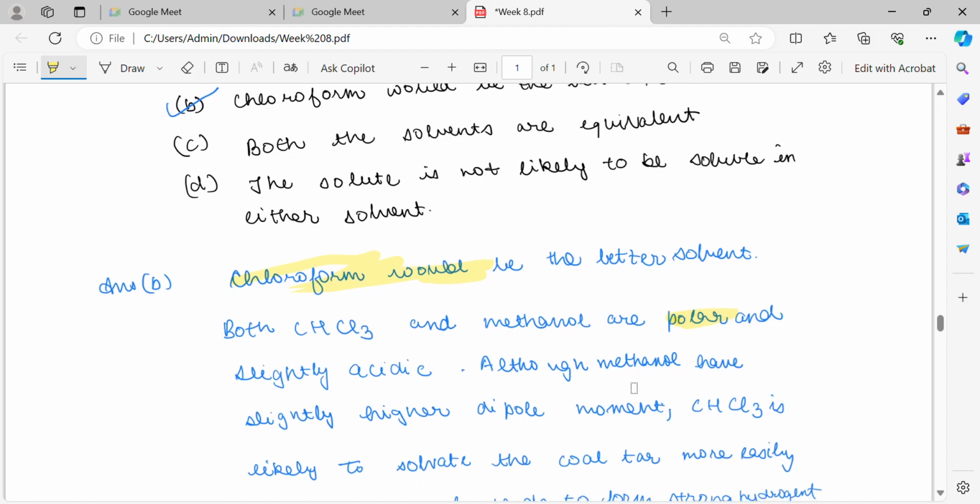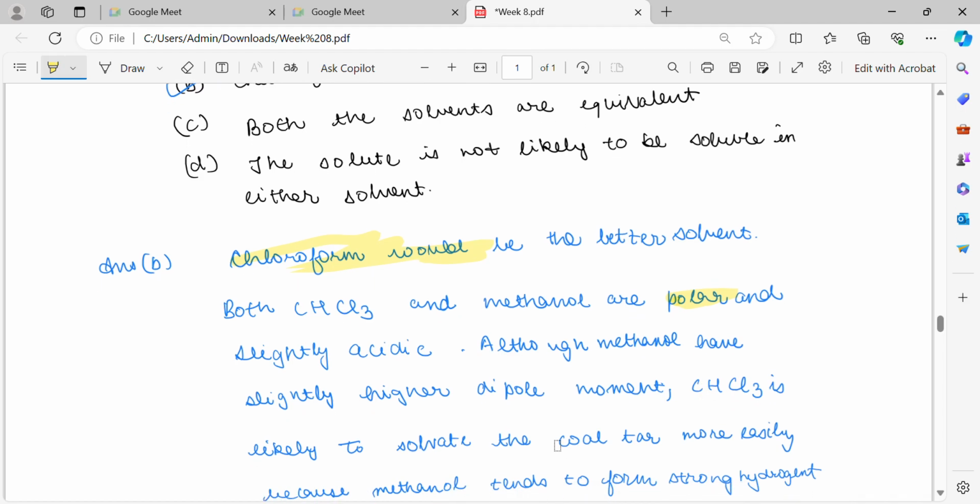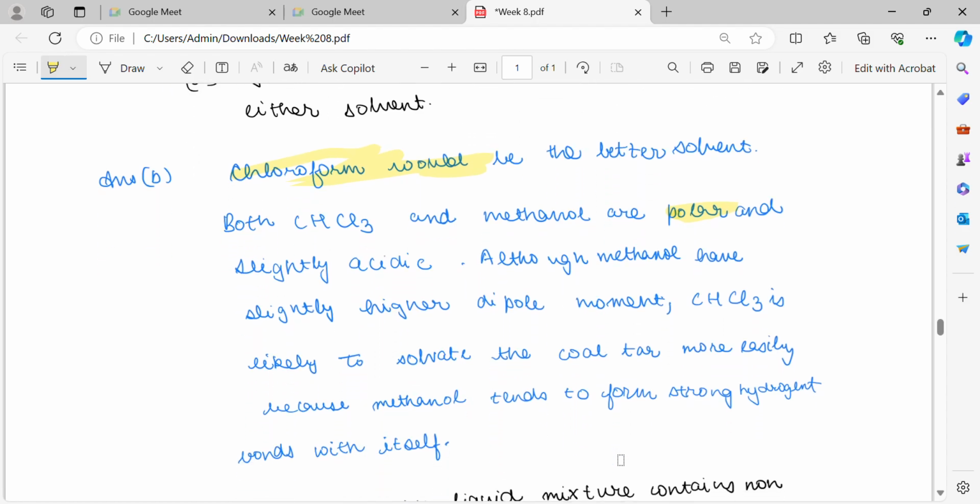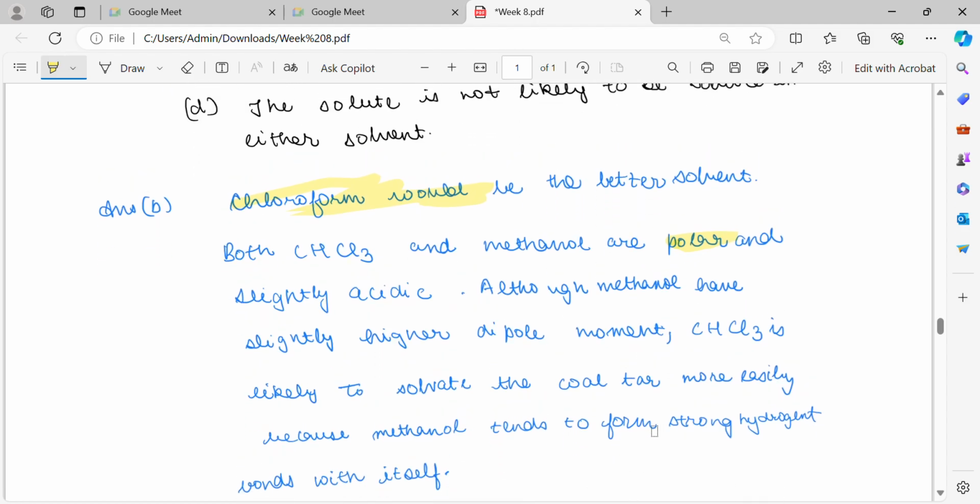Although methanol has a slightly higher dipole moment, CHCl3 is likely to solvate the coal tar more easily because methanol tends to form strong hydrogen bonds with itself.